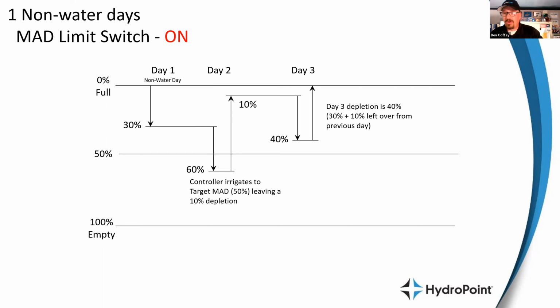So in the default mode, all stations come set to the target MAD of 50%. So that's what we used in this example, right? The target MAD is set to 50%. So WeatherTrack knows that we only want to apply that 50% program and then stop, right?